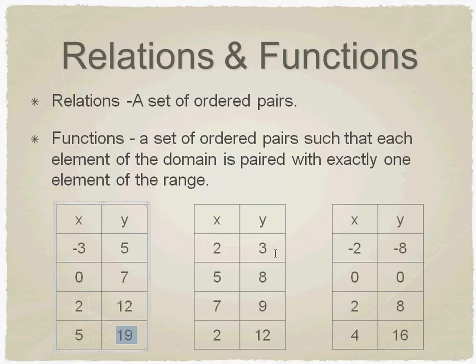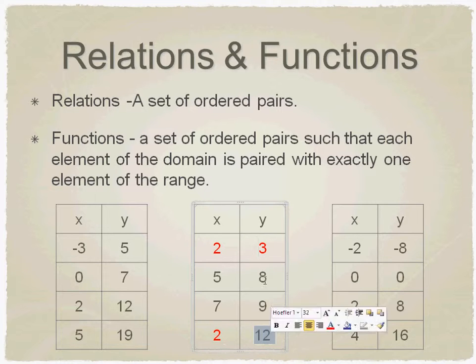However, over here in the second one, you'll notice that 2, an element from the domain, is paired with 3, and 2 is also paired with 12, meaning that this set of ordered pairs is not a function.